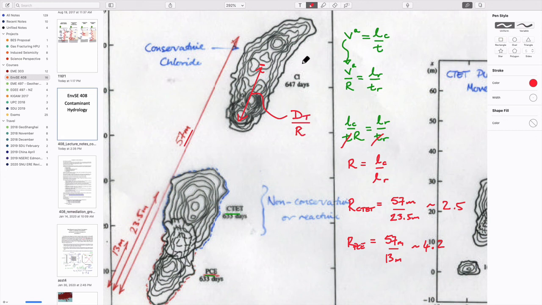In this case, retardation is equal to 1, because chloride is a conservative ion. It doesn't sorb onto the soil. This one, you could do the same by calculating this, but now the magnitude of this would be equal to 2.5.